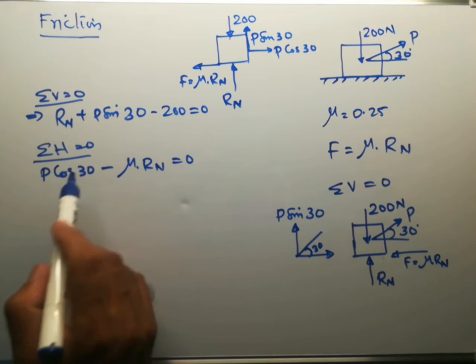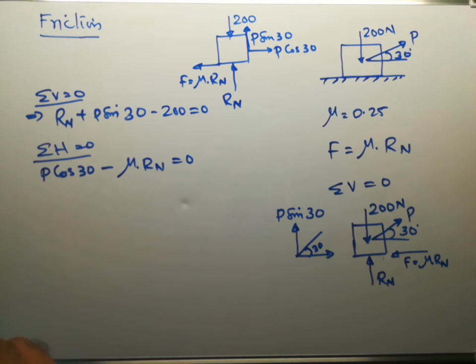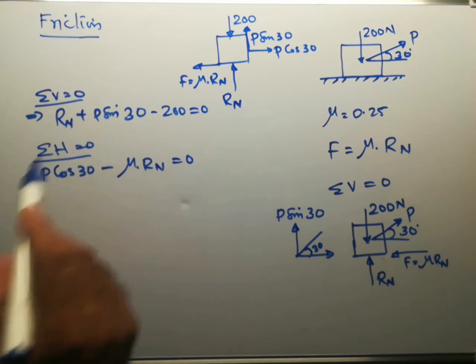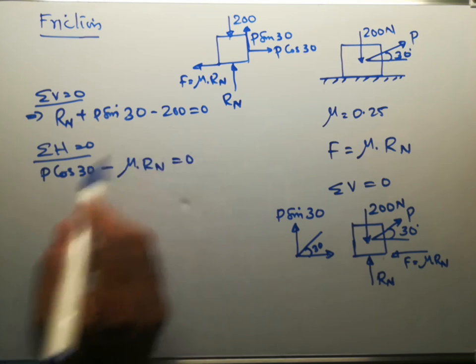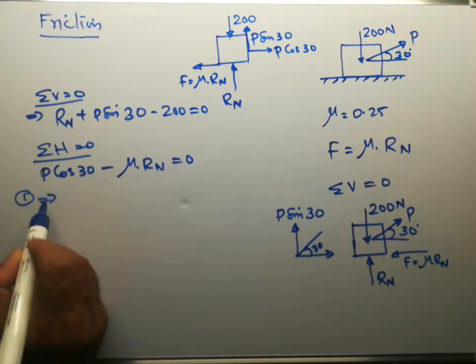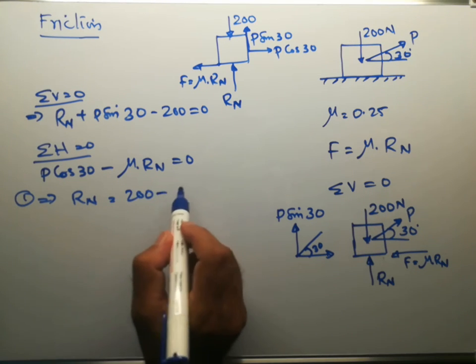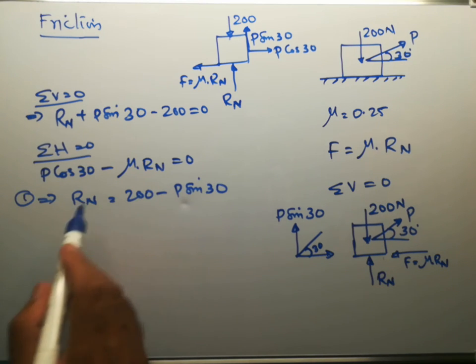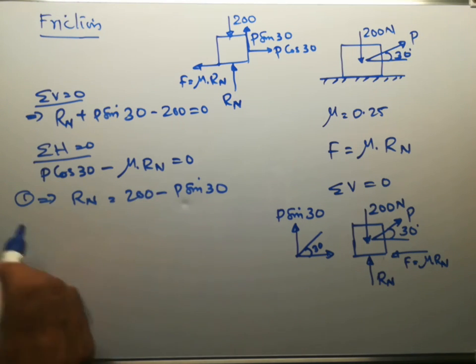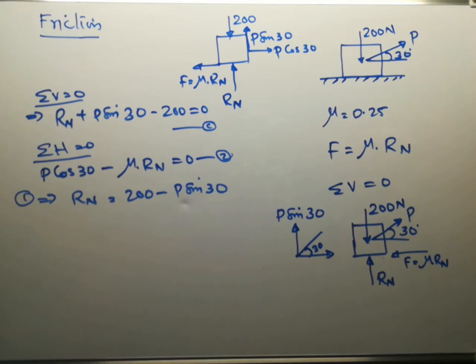So we have two equations in Rn and P. Solving these two, we can find out the magnitude of P. From equation 1, we will get Rn equal to 200 minus P sin 30. We will substitute this value in the second equation. Let this be the second equation, this be the first equation.